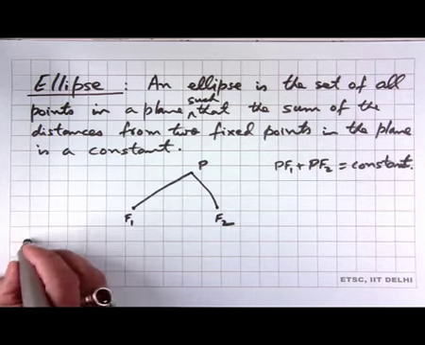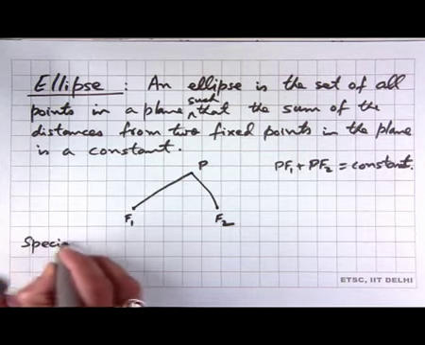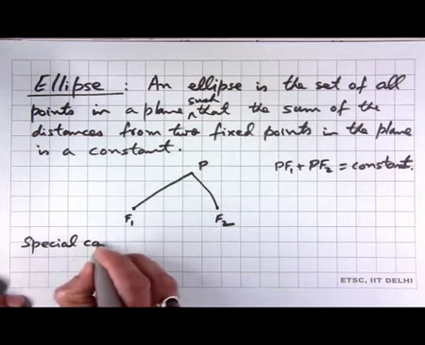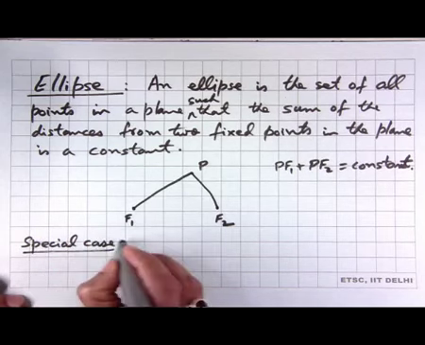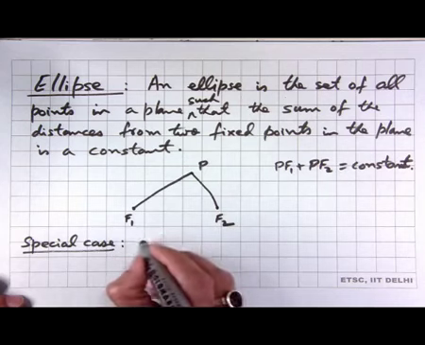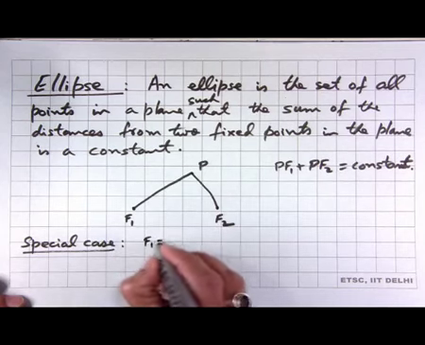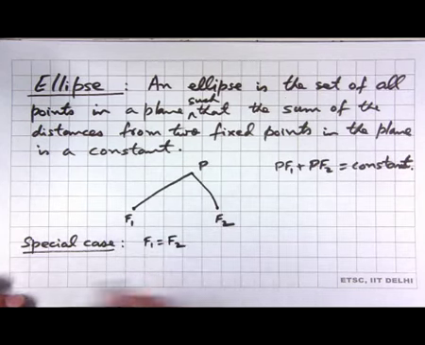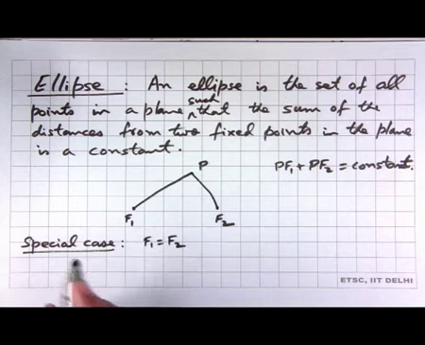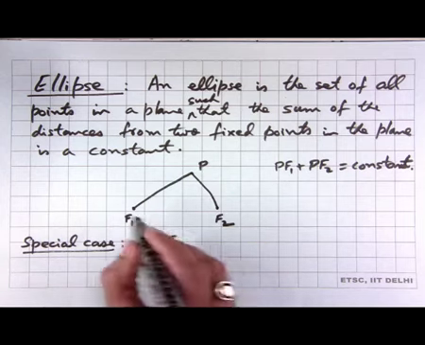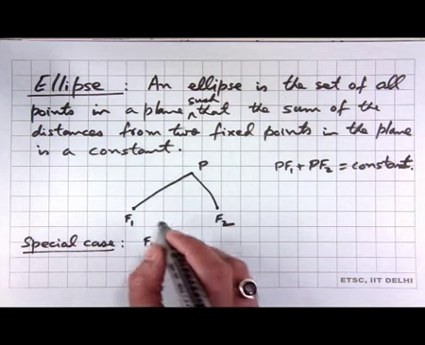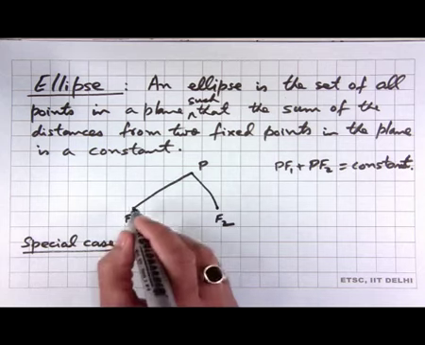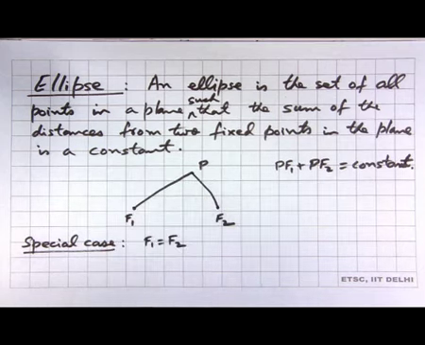Okay. A special case is if these two points are the same. So, if F1 is equal to F2, then what do we get?